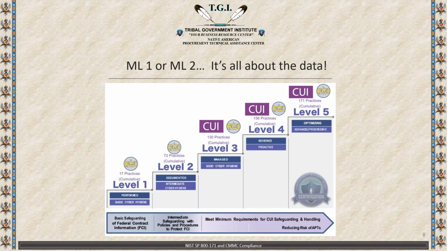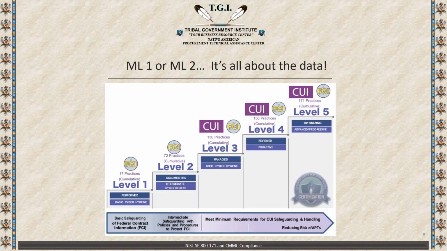This next level is a gotcha that we as your PTAC are trying to get some additional clarification on. It has been stated by the director of the CMMC accreditation body that CMMC level 2 is not expected to be issued because it is thought of as more of a transition level between levels 1 and 3.